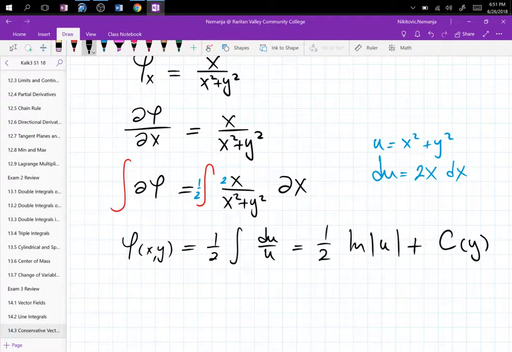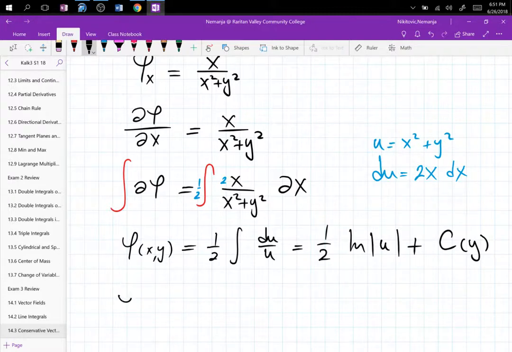So the c is no longer plus constant c, it is now plus function c that could be a constant or could be a function of y. So when we add the constant now, it's going to be this.